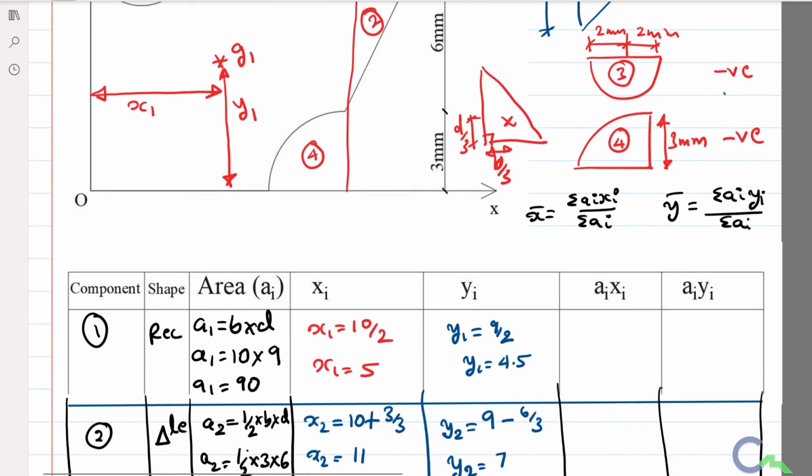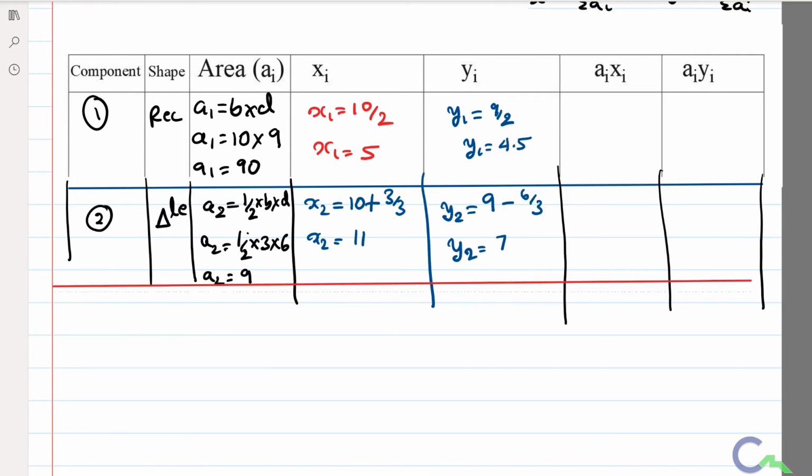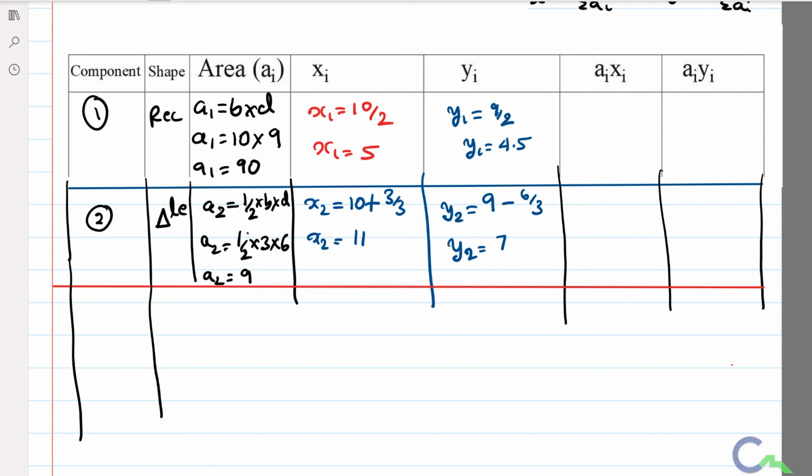So first I am going to calculate the area of the semicircle. So area of the circle is pi r square. Semicircle means half of that circle. Therefore component 3 is a semicircle. Area I will take A3. Therefore pi r square divided by 2, half of the circle.